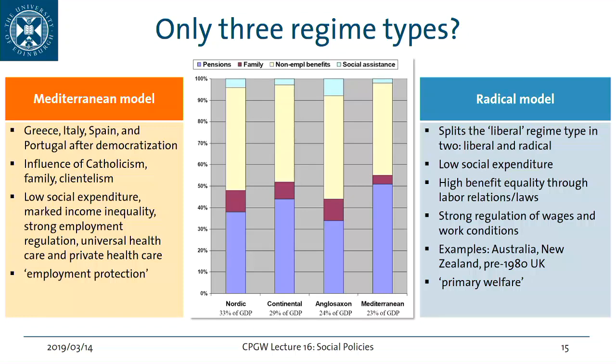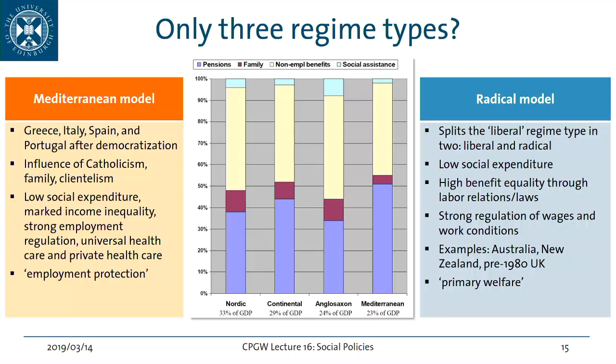People have pointed out, for example, that there is a Mediterranean model that is different from the continental model, and that we see in states like Greece, Italy, Spain, and Portugal, where you have low social expenditure. They don't spend a ton of money on their citizens, but they have very strong employment regulation. For example, they have very strong rules in place on how workplaces are regulated. They have strong rules in terms of how pensions are given out and who can access those pensions.